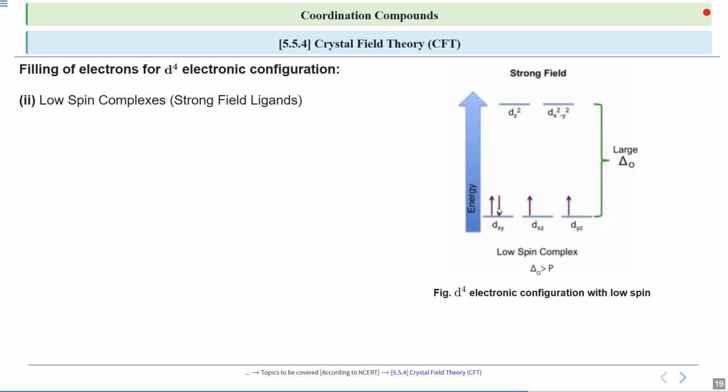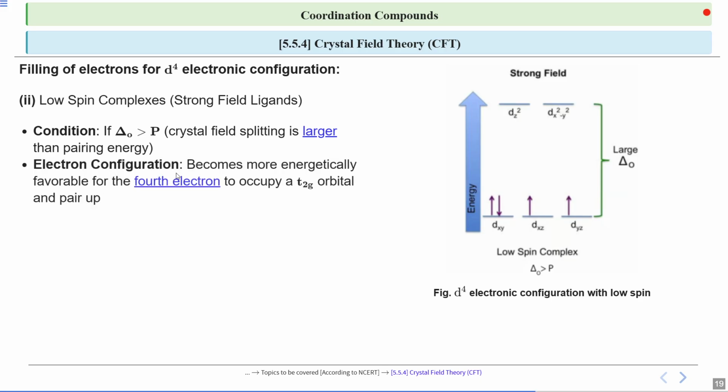So the fourth electron is going to undergo pairing in the same energy level, in the same T2G orbitals, and not jump into the higher EG orbital. So the condition for low spin complexes is that delta naught is greater than P. That means the crystal field splitting is larger than the pairing energy.